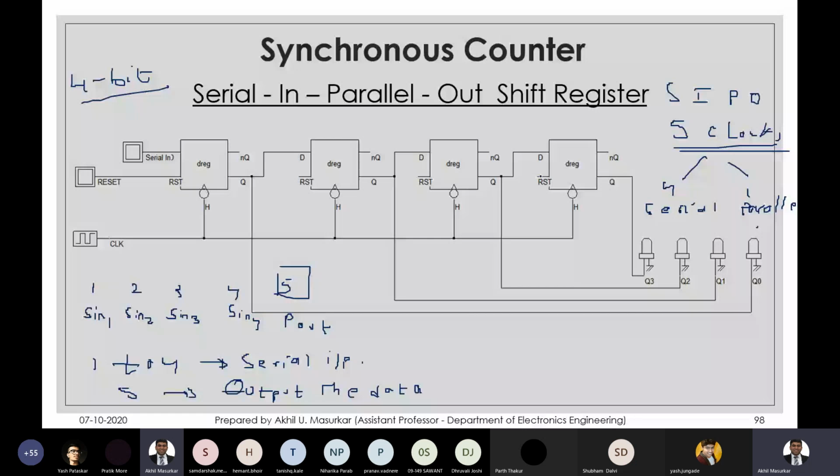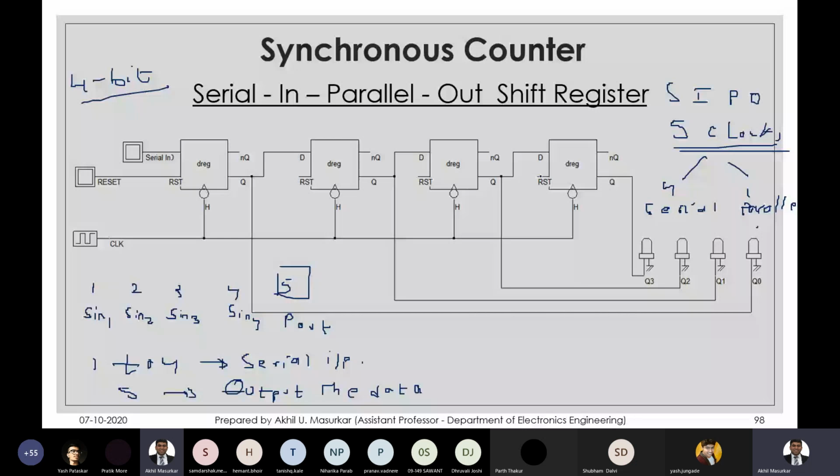Any doubts in this, please ask. So circuit wise, it is similar to a serial in serial out register, but at the fifth clock state we are reading all the 4 bits at a time.